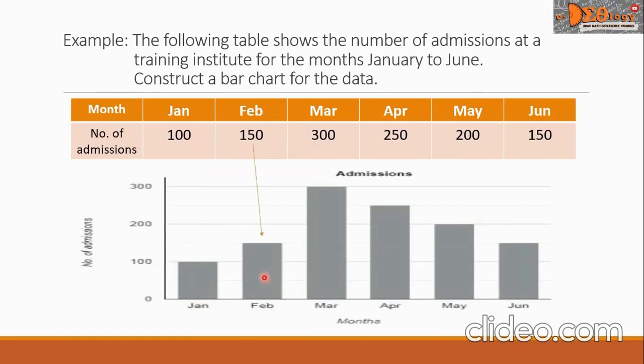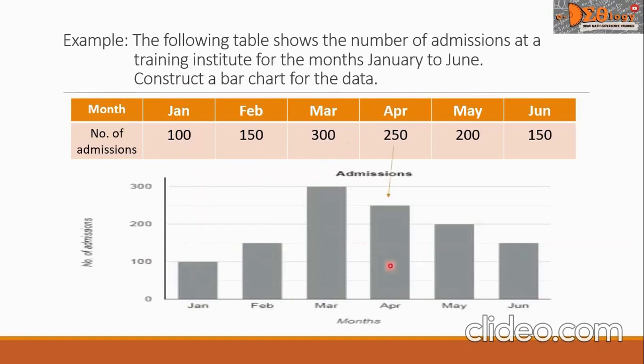The second rectangle is for February, and the frequency is 150. So the level here is between 100 and 200. The third rectangle is for the month of March, and this is the highest numbered frequency.